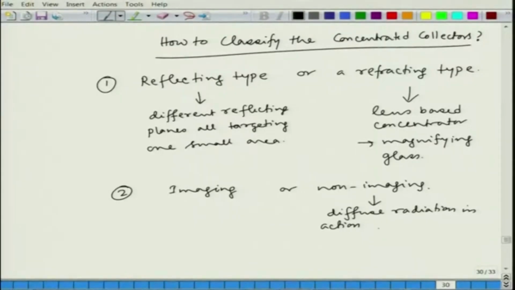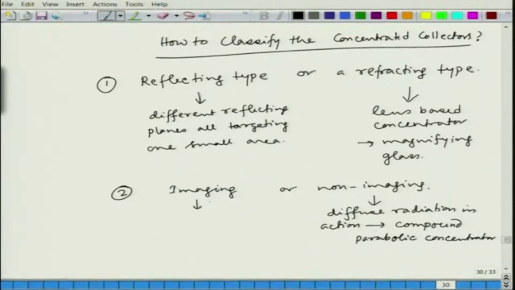So, that means you do not form a clear image of the sun. Okay. So, such as the compound parabolic trough or compound parabolic collector, that is a non-imaging kind.